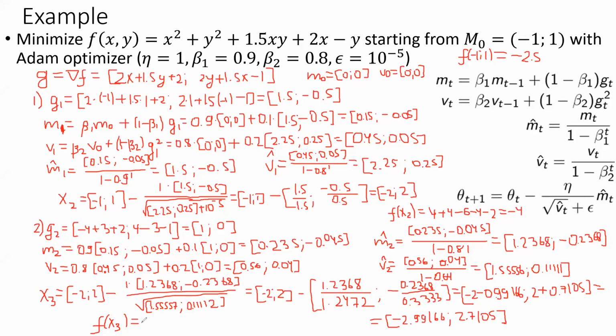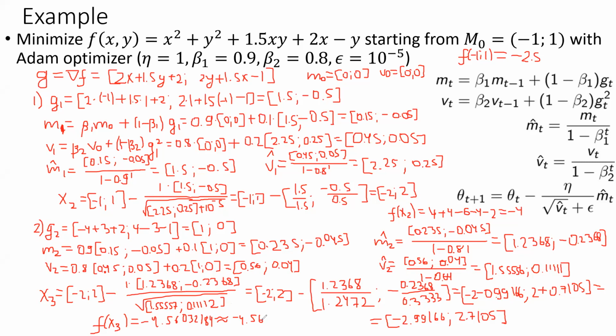And the value will be negative 4.560328184. So it doesn't matter. So we can just say negative 4.56. So that's the value we found.